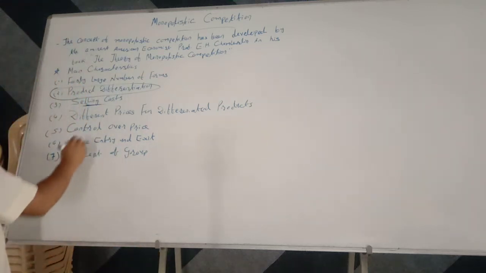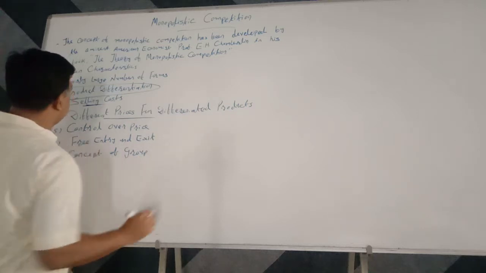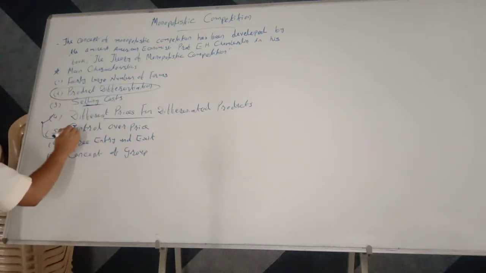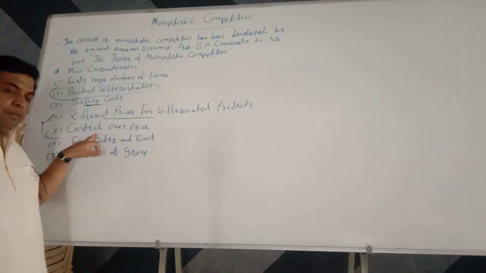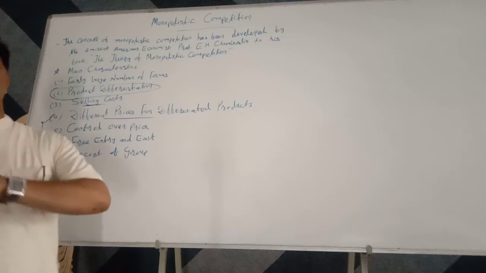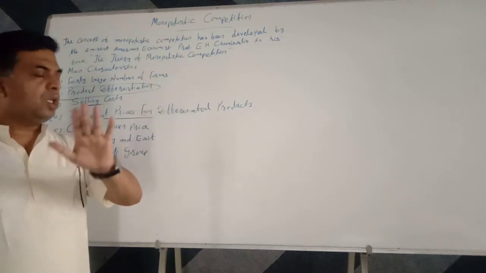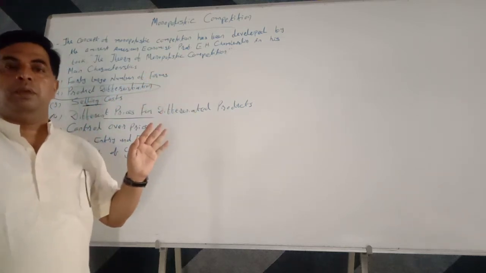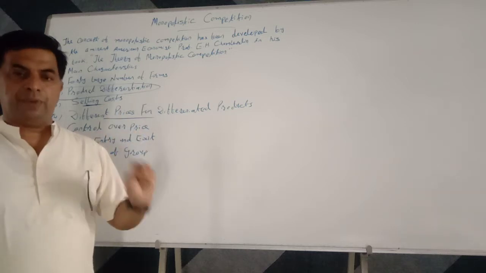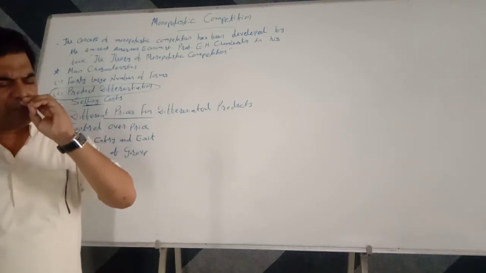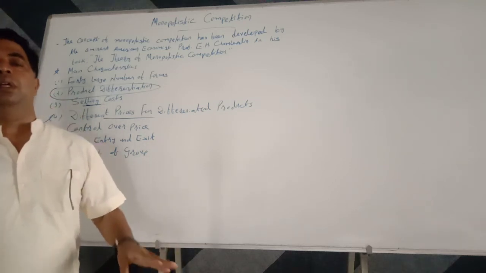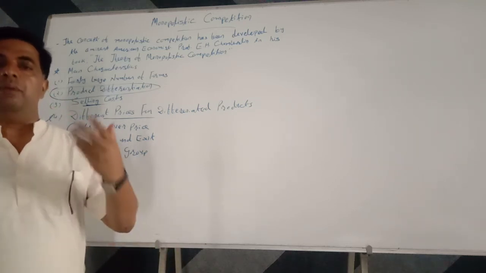Next, different price for differentiated product and control of price. दो characteristics हम लोग साथ में discuss करेंगे. That in perfect competition there is no control over the price of the product, because there are large numbers of firms in the market and an individual firm occupies a very small proportion of the total market.